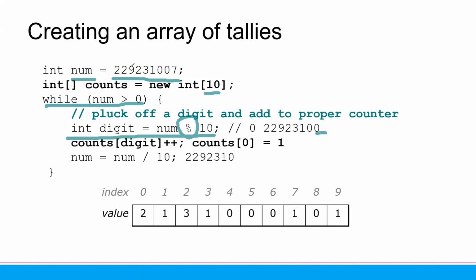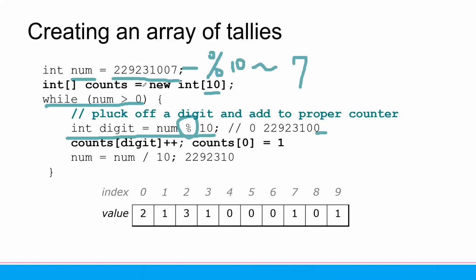So we have 229231007. This number modulo 10, what is the result? It gets the result 7, the last digit.